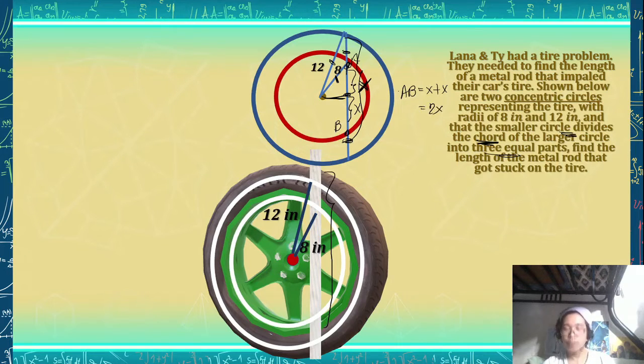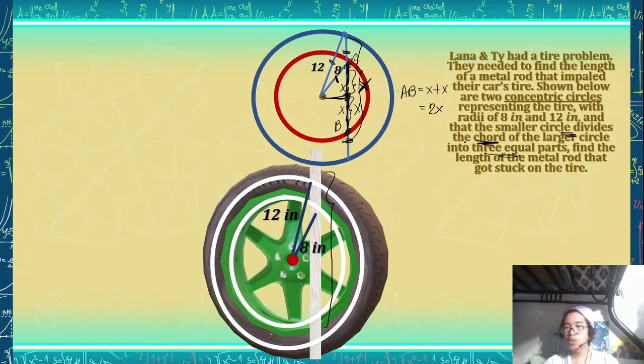This line segment here is x, and the other line segment here is just going to be the same, since they are on one straight line on the circle. So that's gonna be x plus x, and that should give us 2x for this line segment over here.